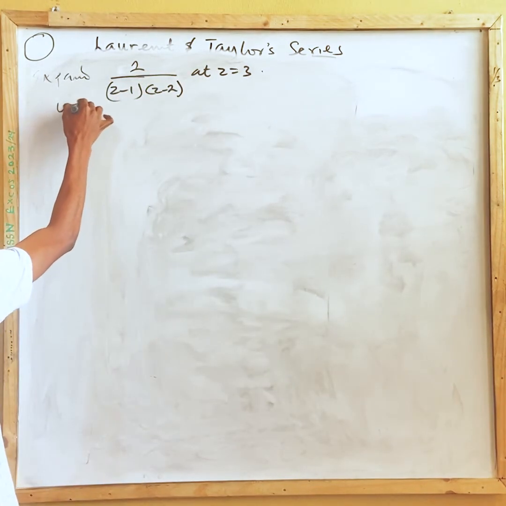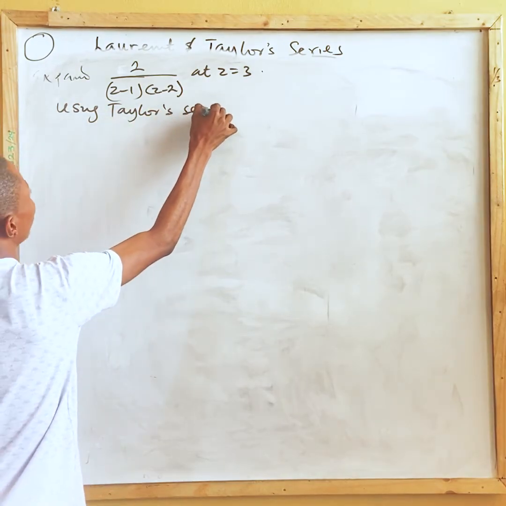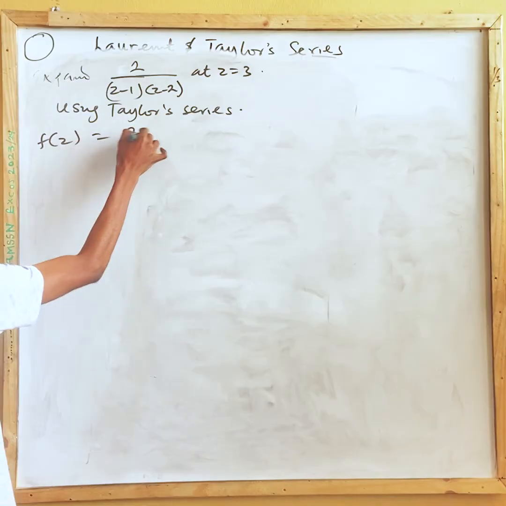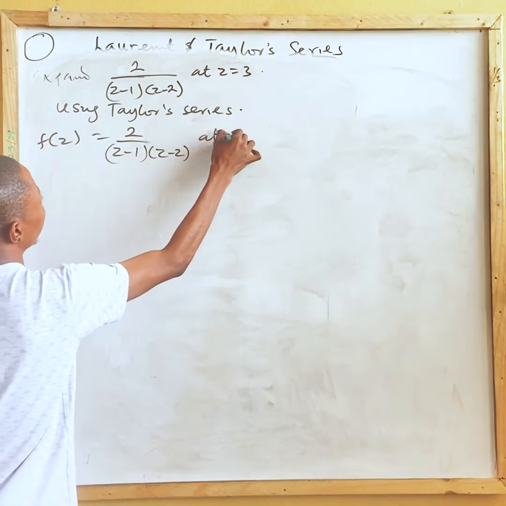Using Taylor series, we expand this complex function f of z equals 2 divided by (z minus 1)(z minus 2) at z equals 3.